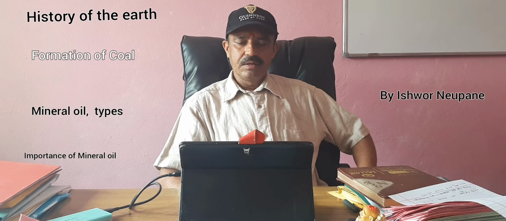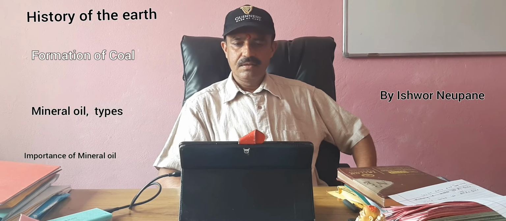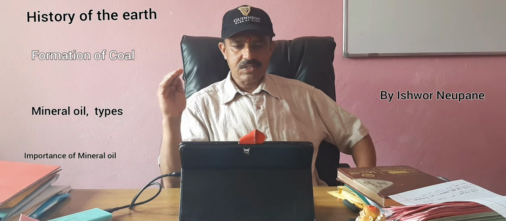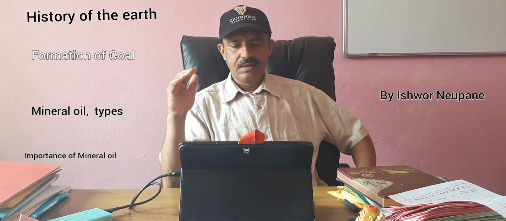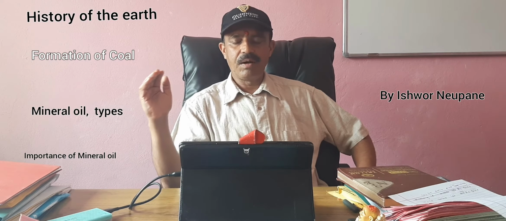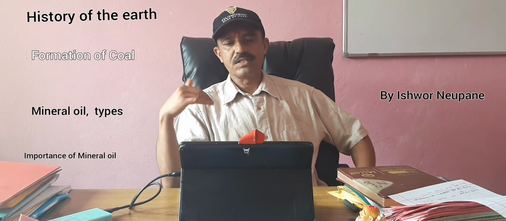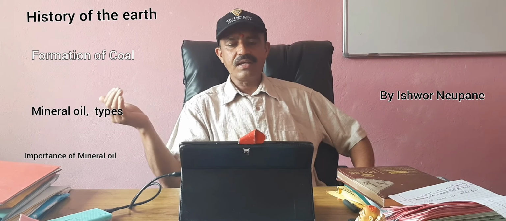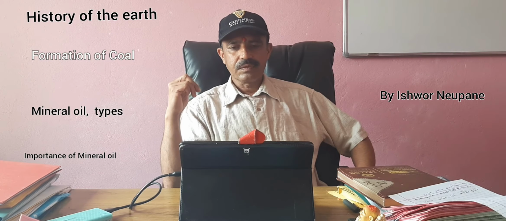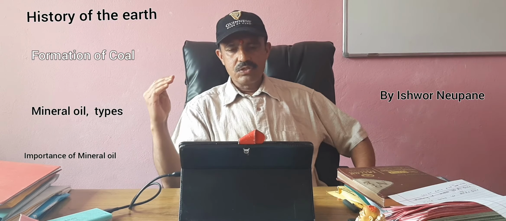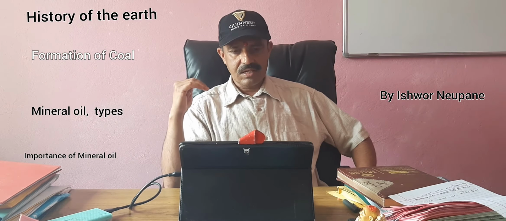Actually, this chapter is not so lengthy. So we are discussing the chapter History of the Earth. We discussed some hypotheses about the origin of the Earth, facts about the Earth, and then the geological time scale.